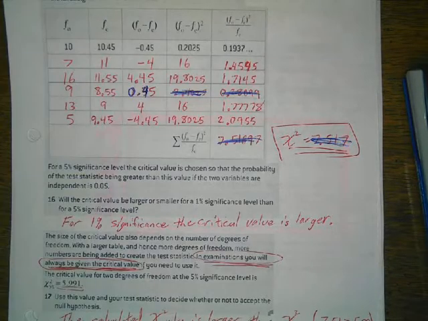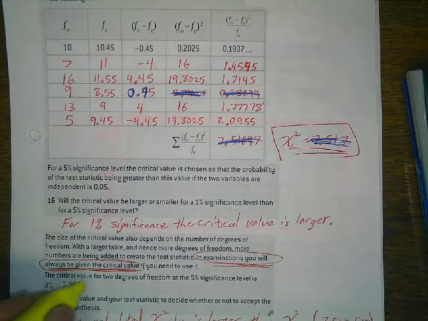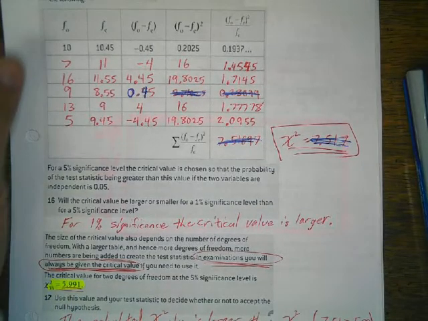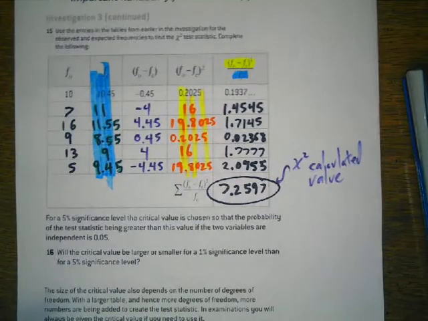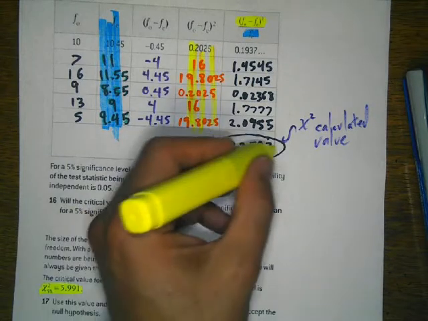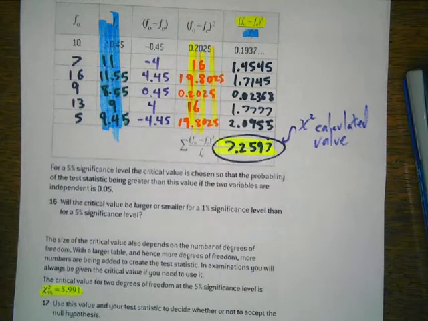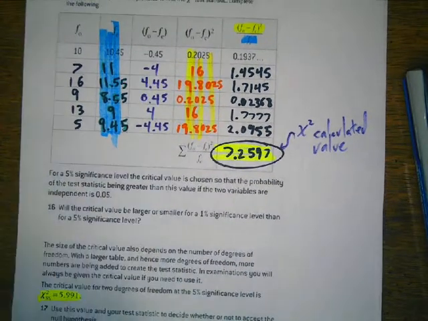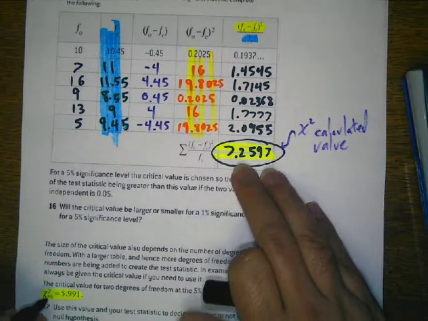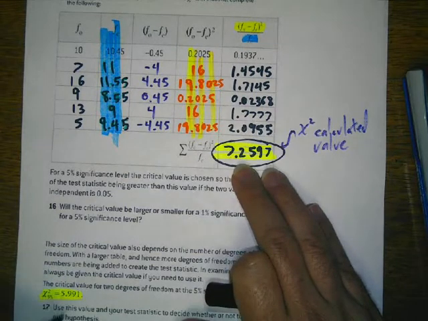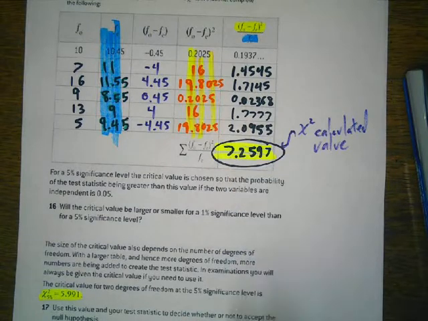So I'm going to compare this critical value to the calculated chi-squared value.